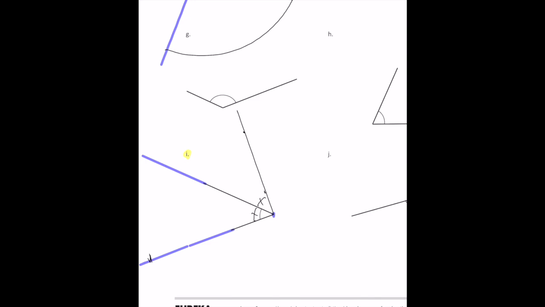So if this one is 45 degrees, because we know that this makes up a 90 degree, well then this also should be half of 90, which is 45. So 45 plus 45 is equal to 90 degrees. Okay, so just some ways to play with angles and look at their geometries to help you along.